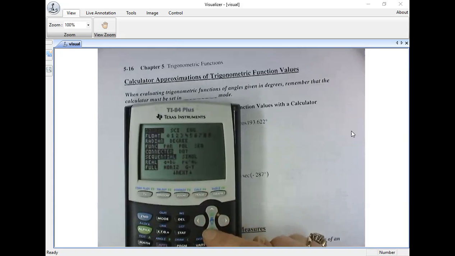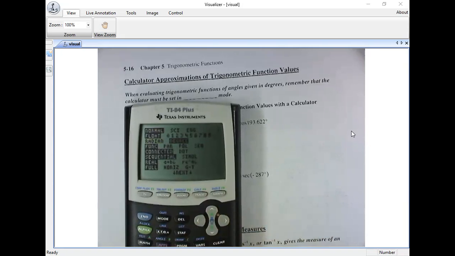So if we're working with degrees, you need to make sure that you turn it onto degrees here. If your calculator is a different type of calculator from this, I promise you, you still have that setting somewhere because it's going to let you use either degrees or radians. And so you need to make sure you're working in degrees if you're asked to evaluate degrees.